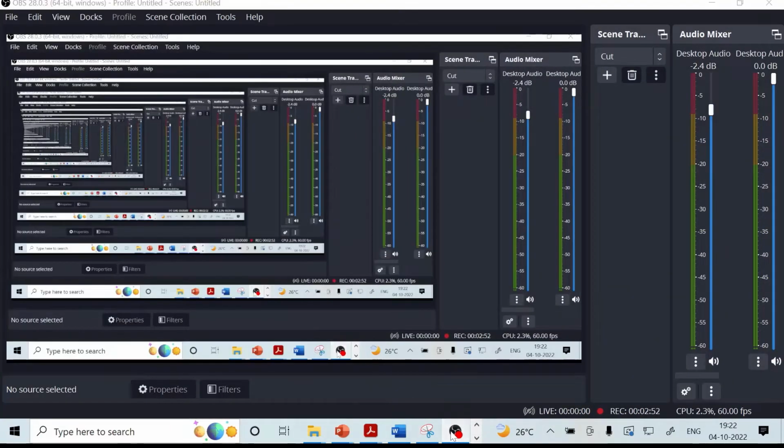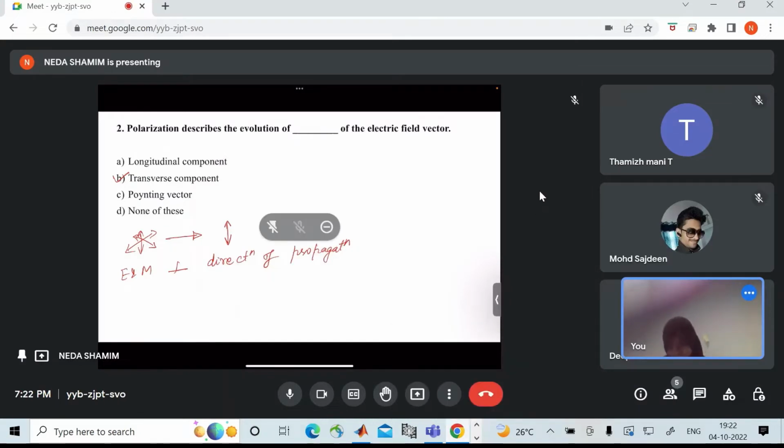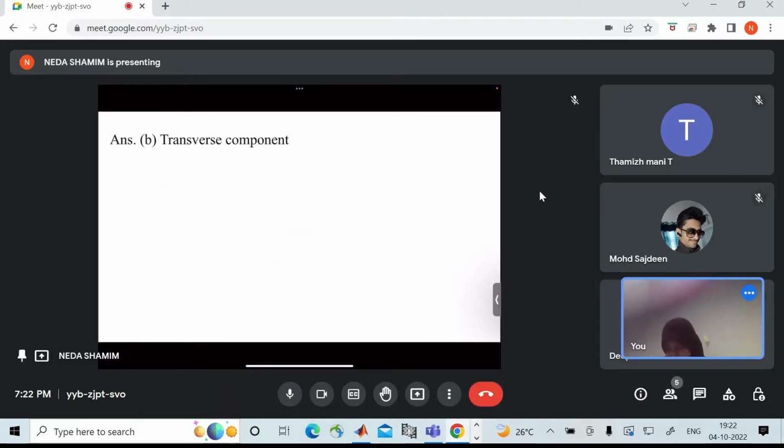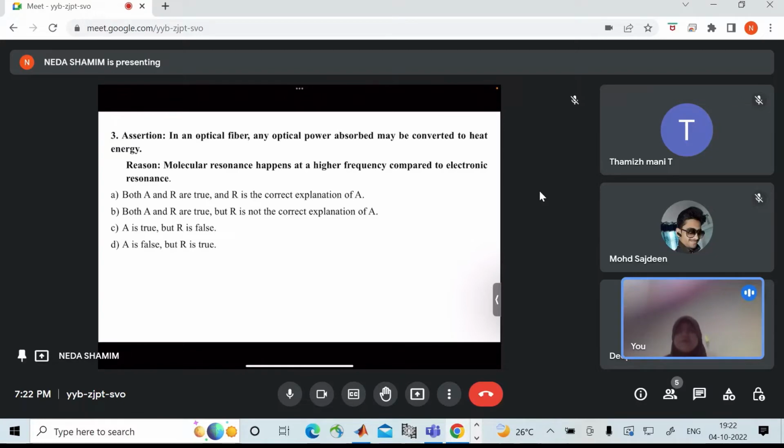Okay, let us move on to the next question. This is a reason and assertion type question. In an optical fiber, any optical power is absorbed and can be converted to heat energy. Second, the reason they are giving is that molecular resonance happens at a higher frequency compared to the electronic resonance.